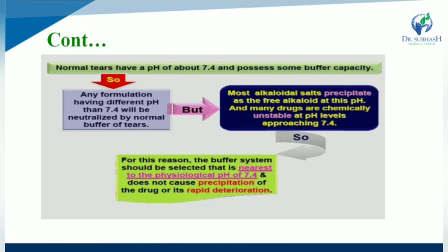But most alkaloid salts precipitate as the free alkaloid at this pH, and many drugs are chemically unstable at pH 7.4. So what is the solution for these precipitations or chemical instability? For this reason, the buffer system should be selected so that it is nearest to the physiological pH of 7.4 and does not cause any precipitation of the drug or its rapid deterioration.